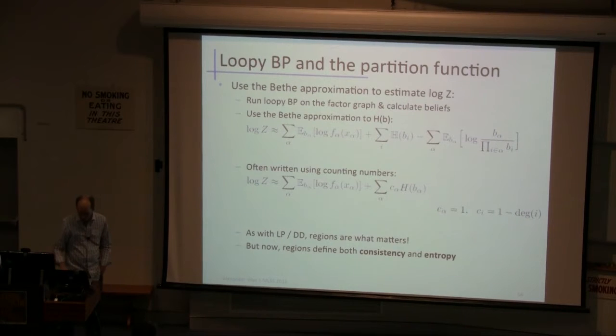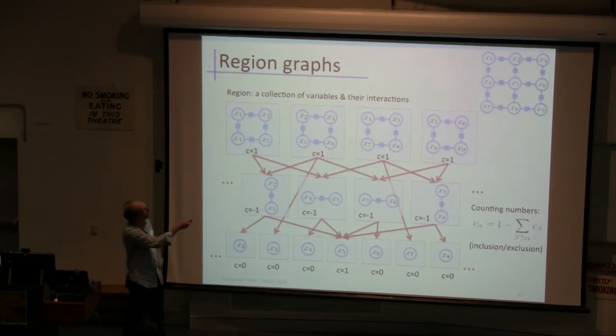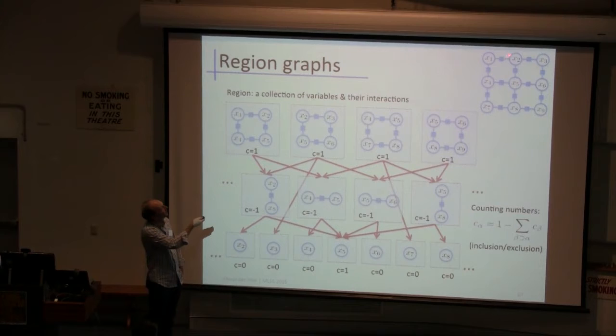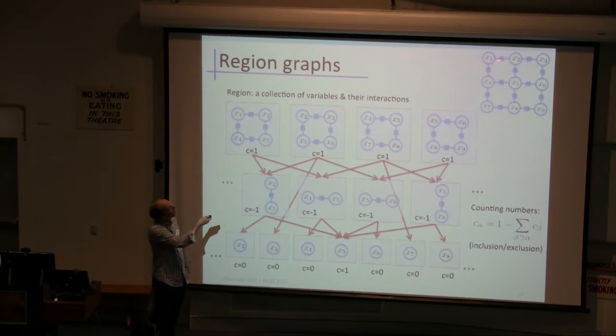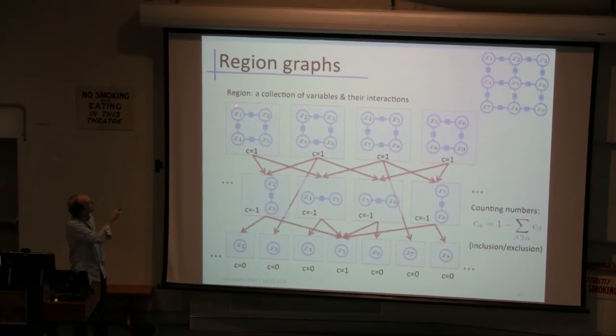So in fact, you can define fairly complex sets of entropy approximations. For example, things like region graphs. So if I have a grid like this, rather than using the original factors, I might decide that I'm going to represent larger cliques as well, in which case I'll think about defining distributions on, say, sets of 4 variables, maybe the faces of the grid at a time.